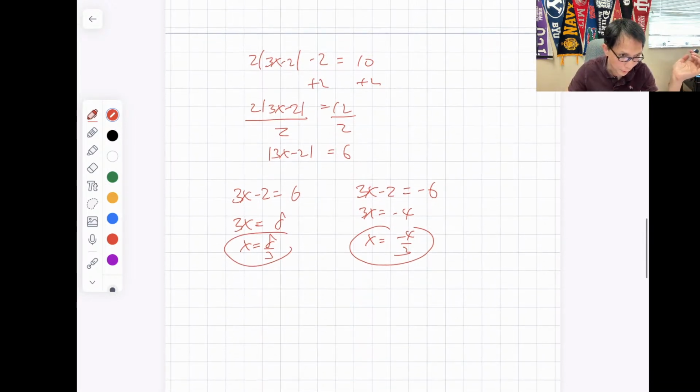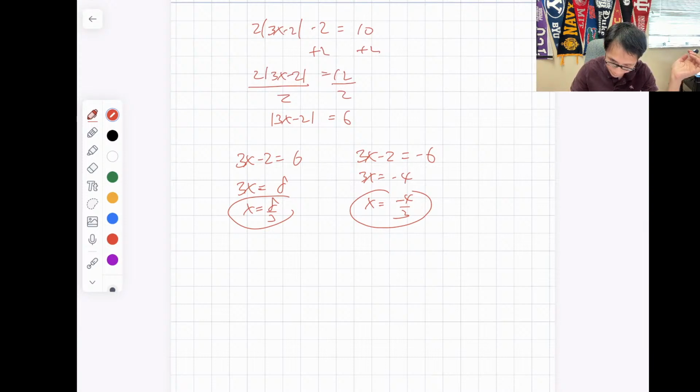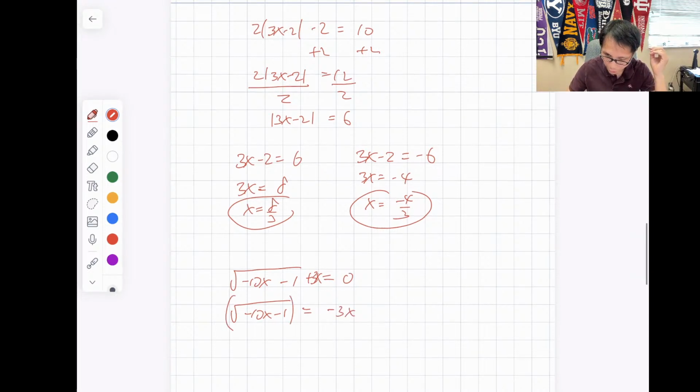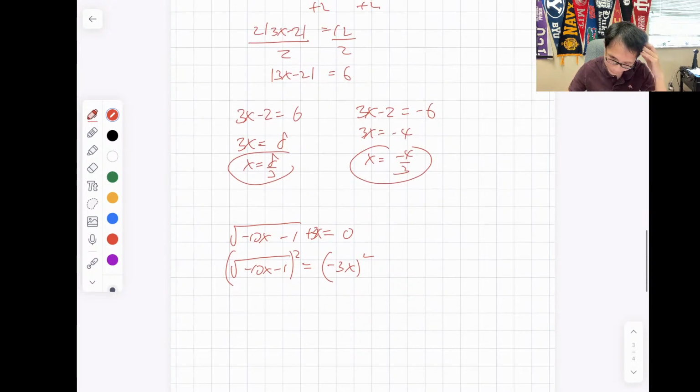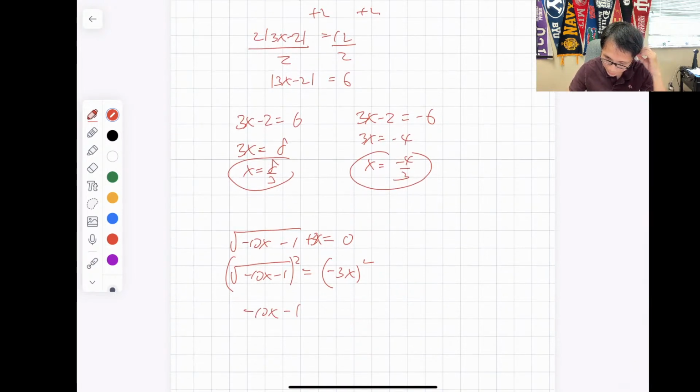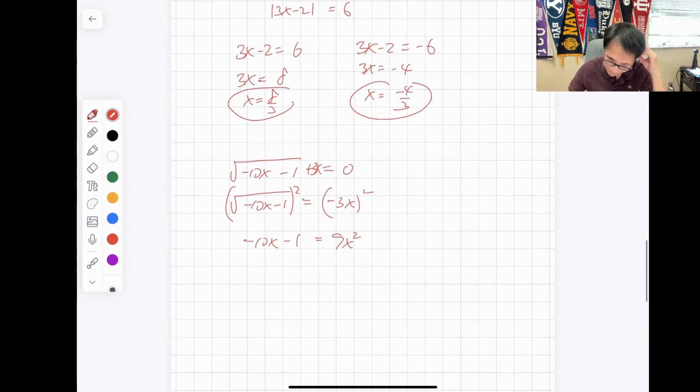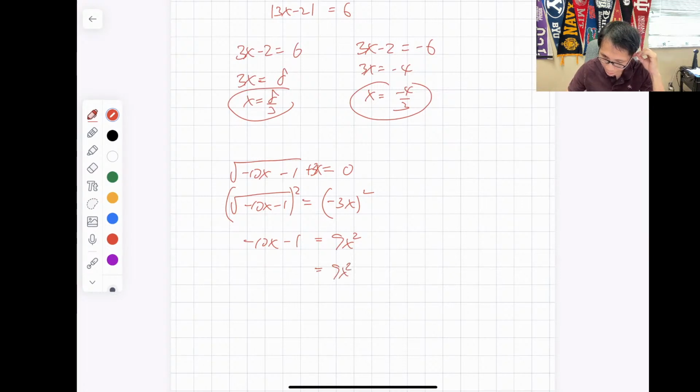Doing okay so far? Okay, so the same thing. -10x plus 1 is equal to plus 3x equal to 0. So I'm going to isolate this. I'm going to square both sides. And that's going to be -10x minus 1 equal to 9x squared. 9x squared plus 10x plus 1 equal to 0.